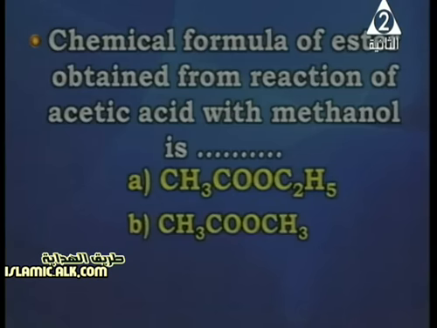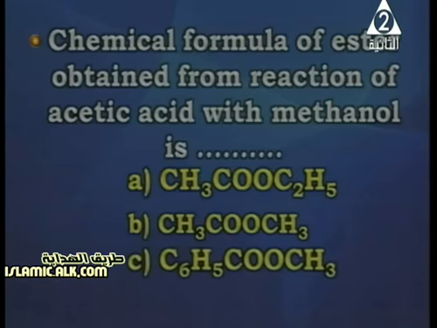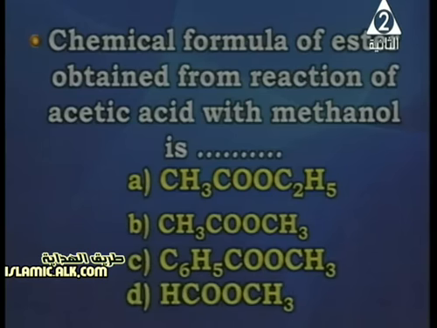Is it CH3COO-C2H5, CH3COO-CH3, C6H5COO-CH3, or HCOO-CH3? In order to solve this question, my dear student, you have to write the chemical equation between the acetic acid and the methanol, and then you will find the answer. It will be CH3COO-CH3.